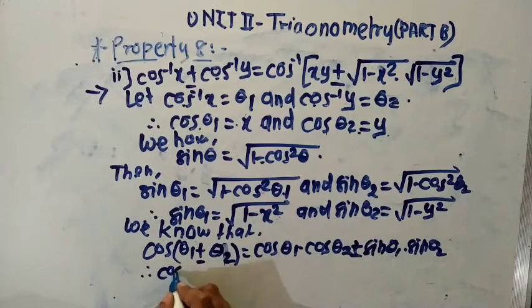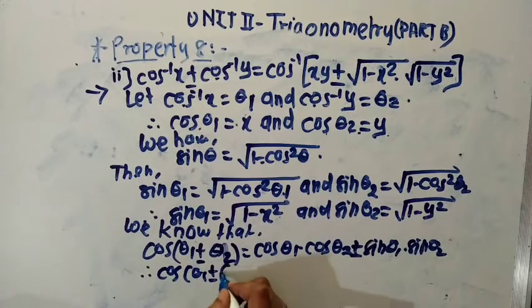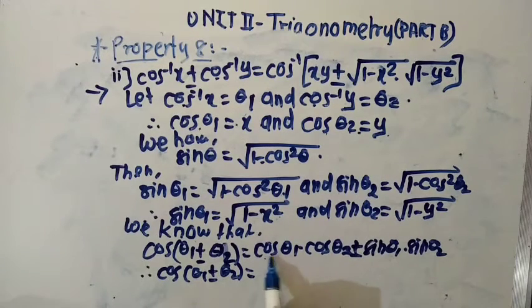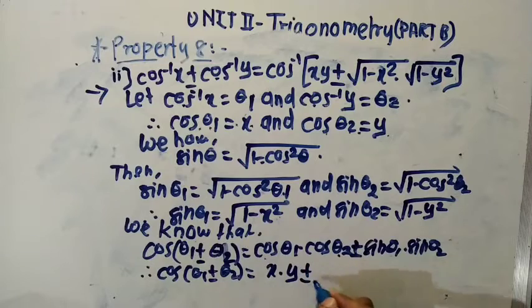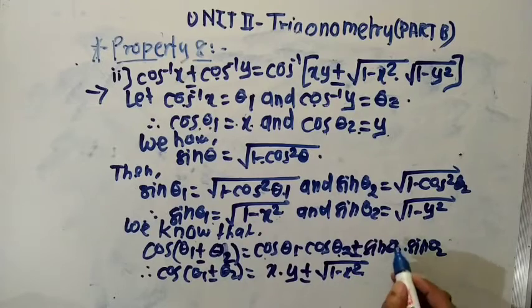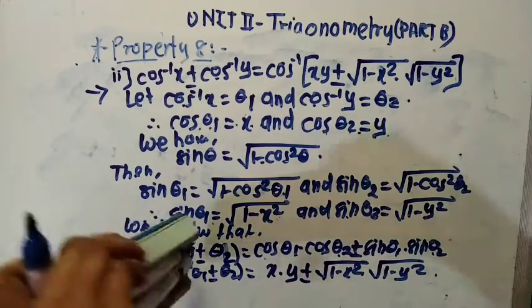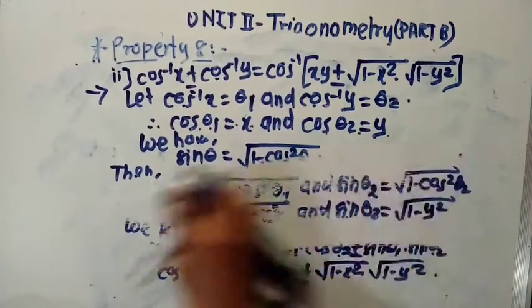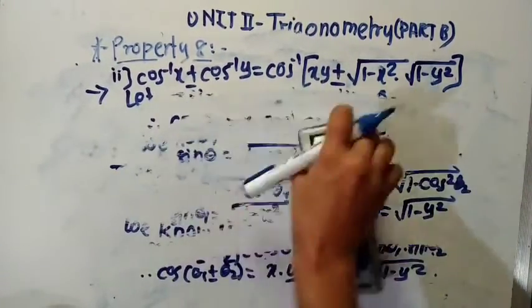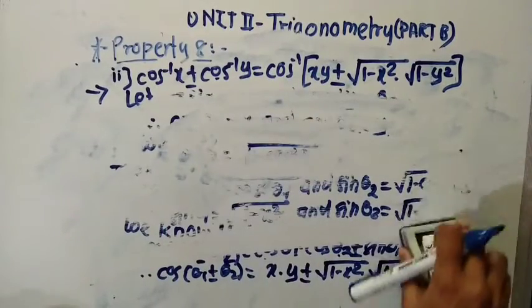Hence, cos of theta 1 plus or minus theta 2 is equal to cos theta 1, but cos theta 1 is x and cos theta 2 is y, plus or minus sin theta 1, which is root 1 minus x square, and sin theta 2, which is root 1 minus y square. Hence, we prove this property.